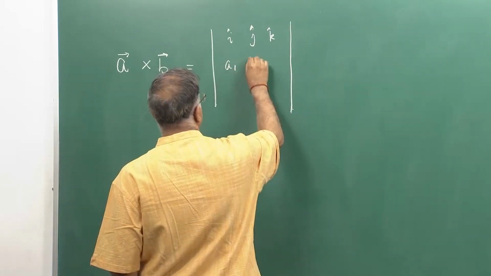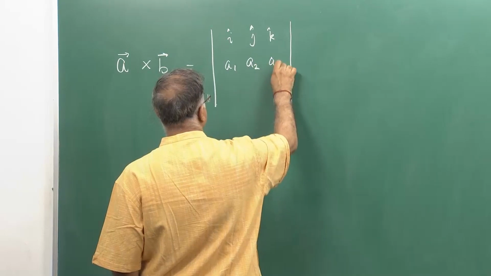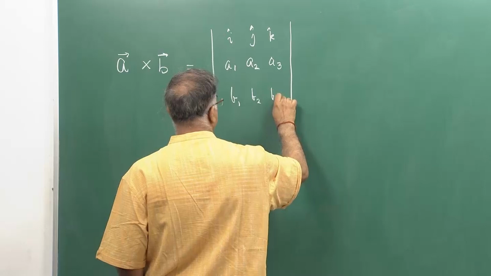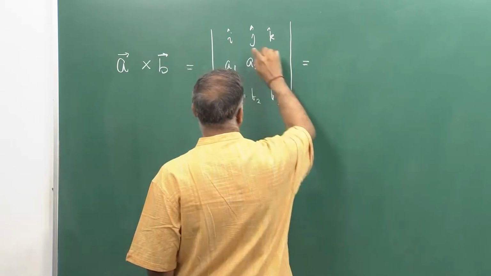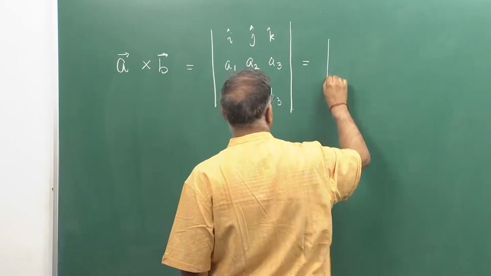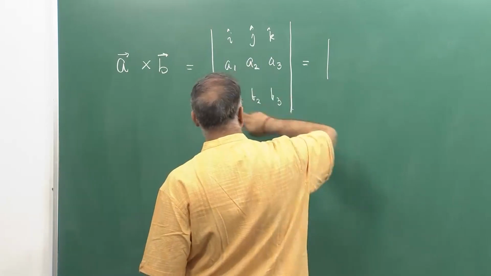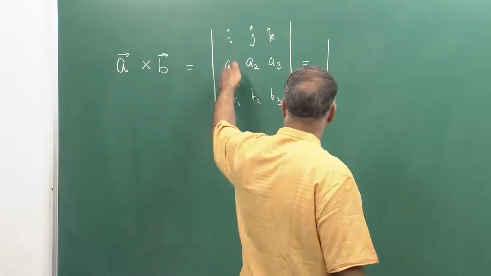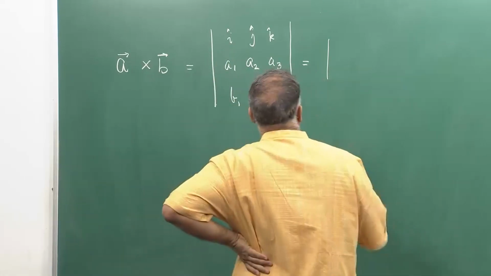It is not that I am doing something different, it will look exactly the same. But I will write it in a slightly different way. This will be a real number if you take the determinant, which will be scalar multiplied with this vector.